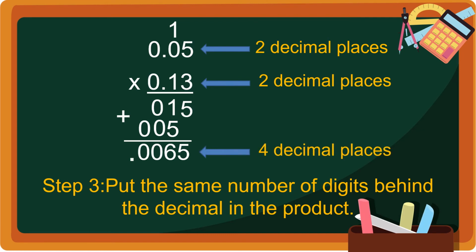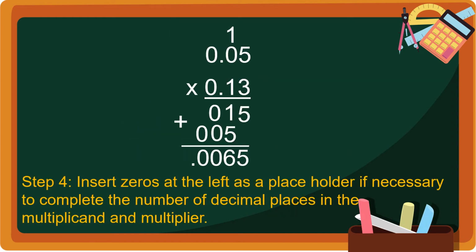So we have 4 decimal places, therefore the answer is 65 ten-thousandths. Step 4. Insert zeros at the left as a placeholder if necessary to complete the number of decimal places. So therefore, the answer is 0 and 65 ten-thousandths.